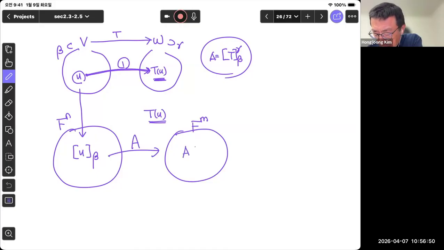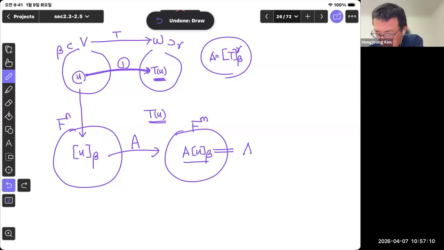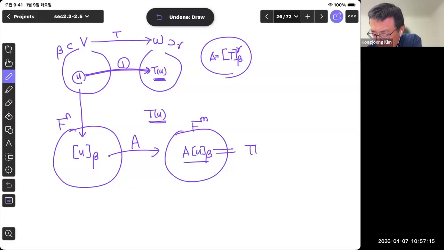So A times this vector can be estimated. What does the theorem say? That is, this guy is the coordinate of the image with respect to gamma.